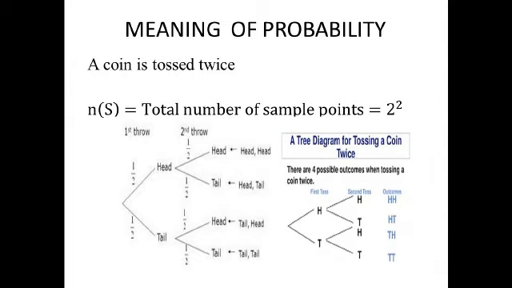In that case, the sample space S will be the collection of all the sample points. So the first branch, you get HH. From the second branch, HT. From the third branch, TH. And the last branch, TT. So in that case, the total number of sample points sums up to be 4, that is, n(S) is equal to 2 squared.